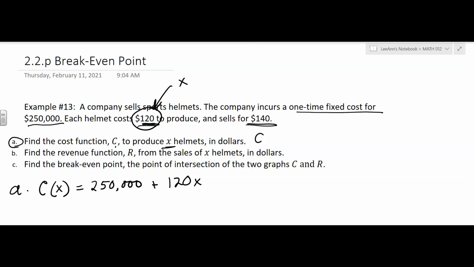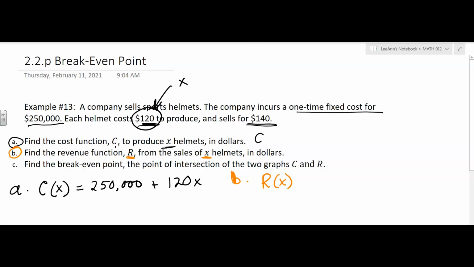Now in part B, we want to do the revenue. The revenue is how much money you're going to pull in. It's not how much money you're making, it's just, if you sold 10 helmets, how much money came into the cash register. So the revenue function is just based on how many you're selling. So R of X, R for revenue.